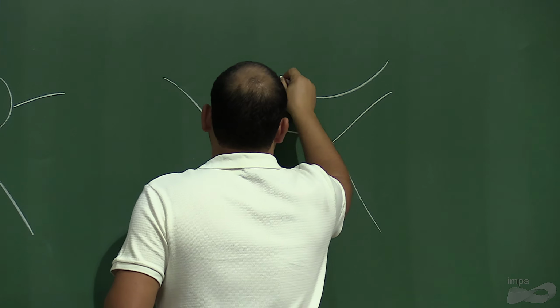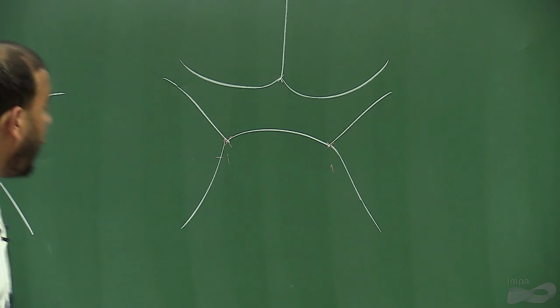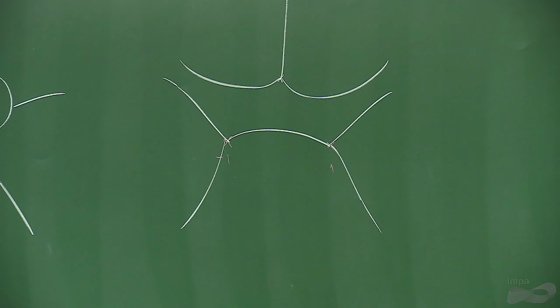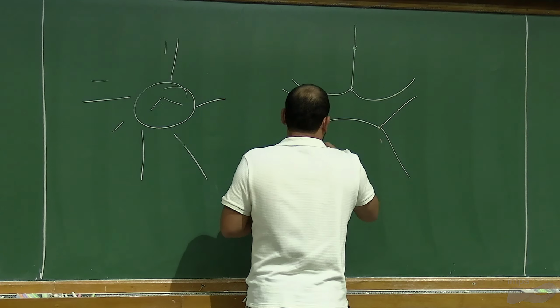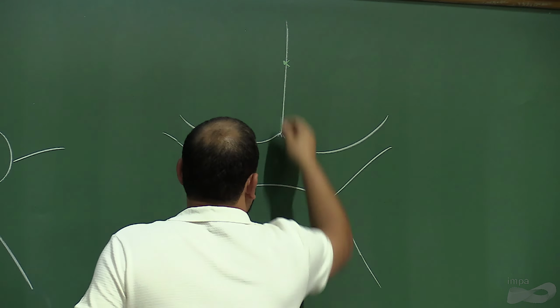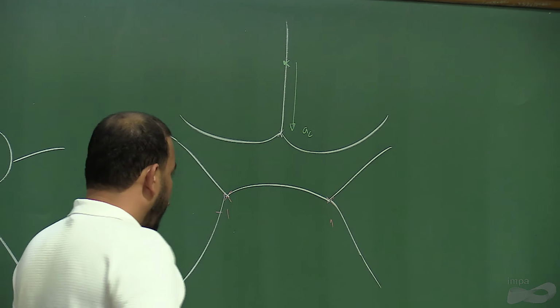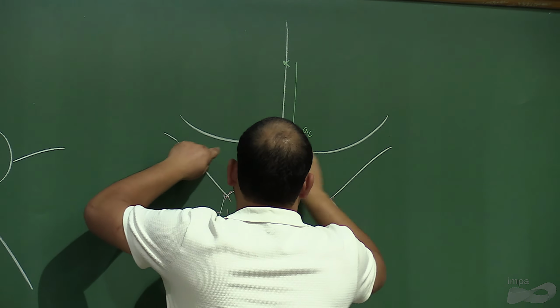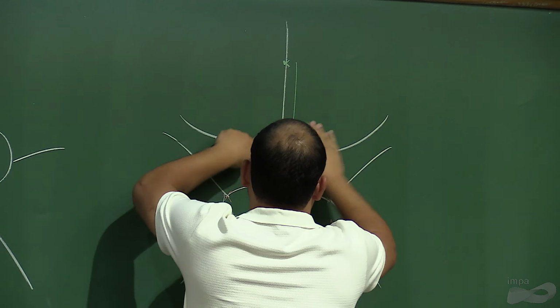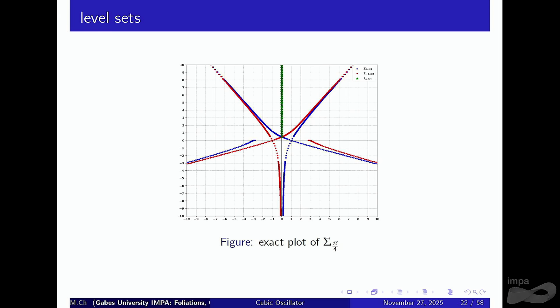If we choose any point here, another A, and we go to this point, A critical, this point is the intersection between the red, the blue, and the green.